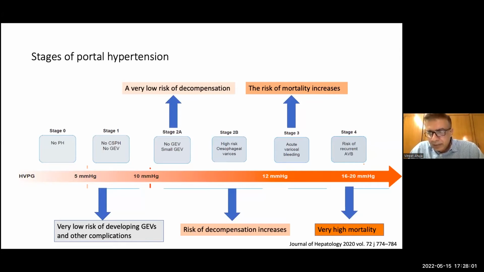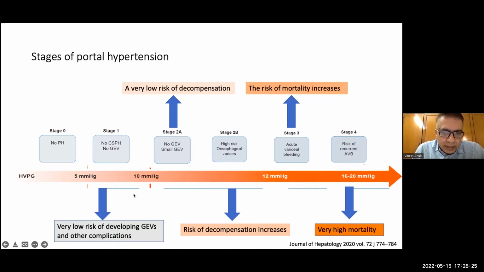Another thing you have to understand is that when we talk about portal hypertension and varix, the varix by itself tells you that the portal hypertension has reached a higher level. How do we measure portal hypertension? We measure it by the hepatic venous pressure gradient. When the hepatic venous pressure gradient is more than 5 millimeters of mercury, the patient is said to have portal hypertension.